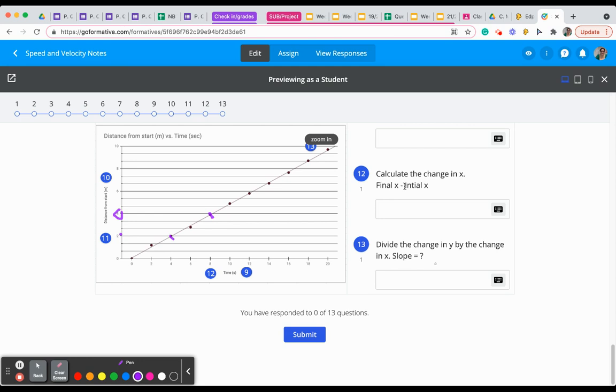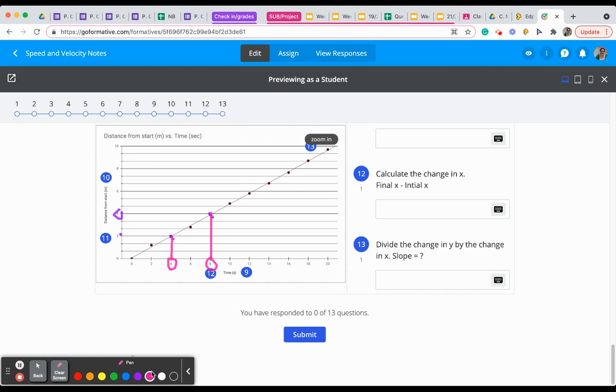Calculate the change in x. Final x minus initial x. So this would be our initial x, and this would be our final x. Okay, so initial and final.